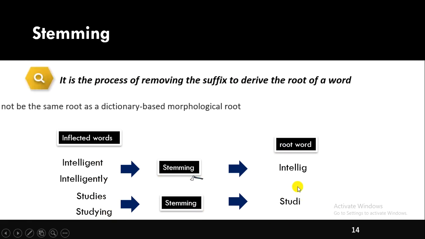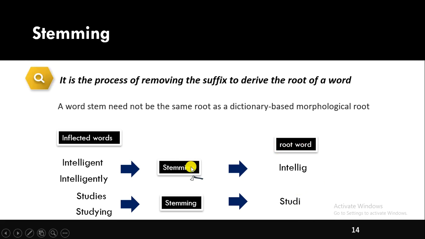From this, we can understand very clearly that stemming is simply chopping off the suffixes from the inflected words, but it is not returning the dictionary form of the word in some cases. A word stem need not be the same as a dictionary-based morphological root. So in the case of stemming, we are removing the suffix to derive the root of a word. In simple terms, that is what we do as part of stemming.